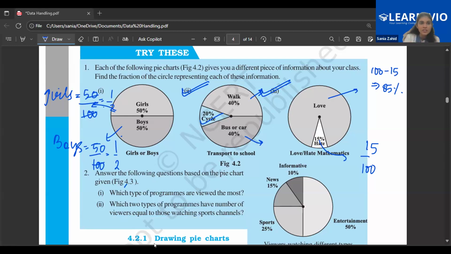Students, just complete it. By the time, I'll try sharing it to the OneNote app. Just give me a minute.